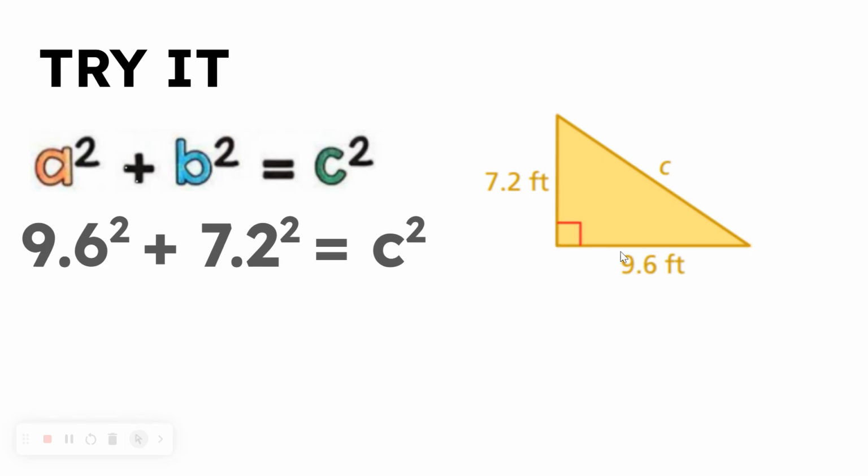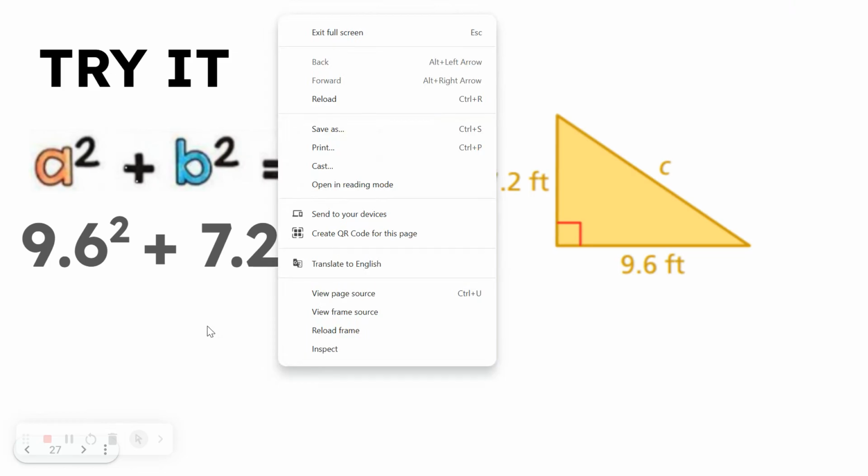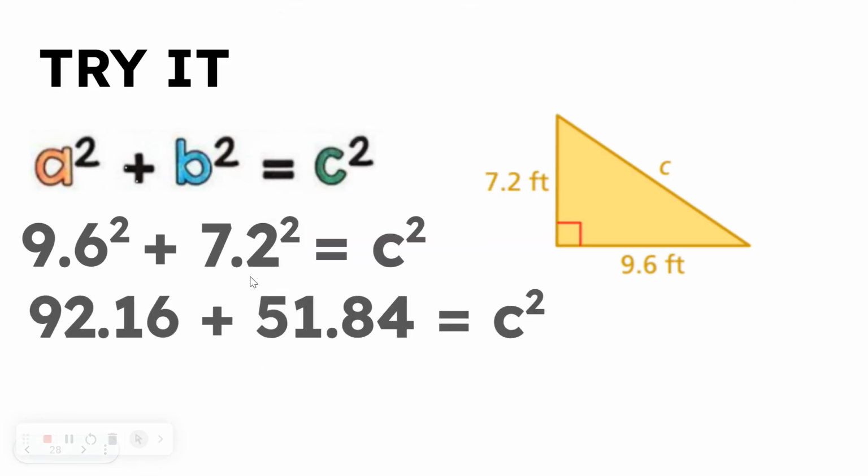So I use 9.6 for A and 7.2 for B. So 9.6 squared plus 7.2 squared. I'm just going to type 9.6 and hit that x squared button on my calculator, and the same thing for 7.2.